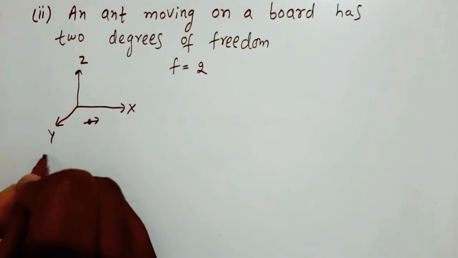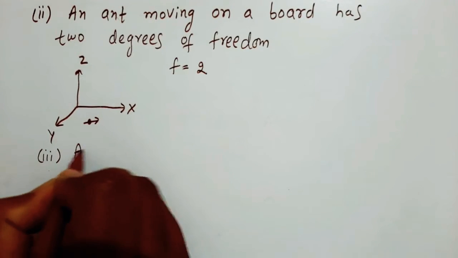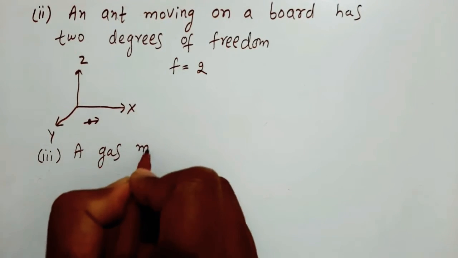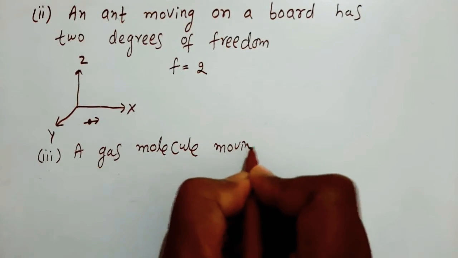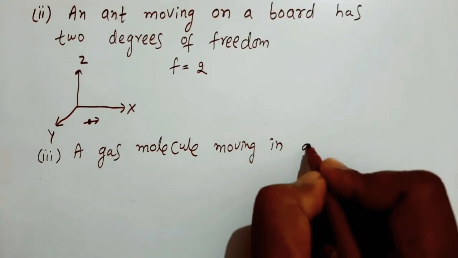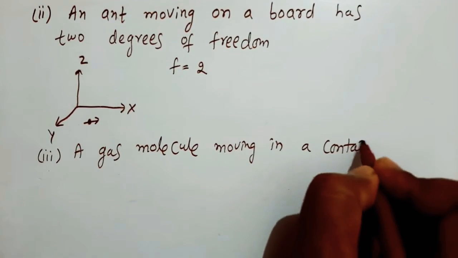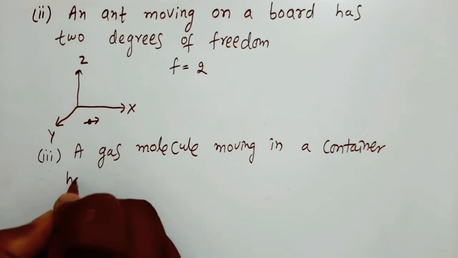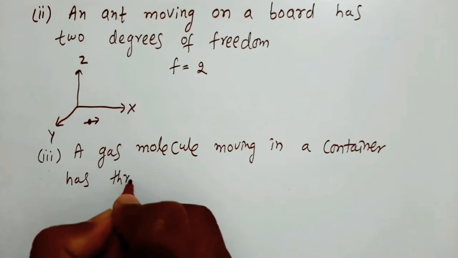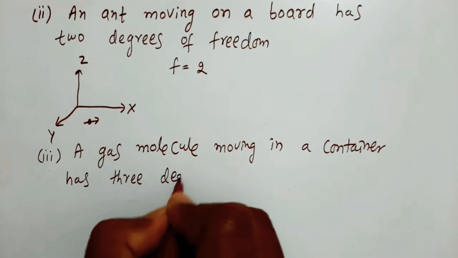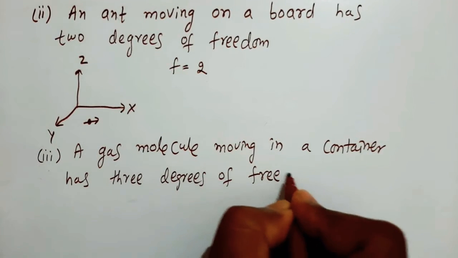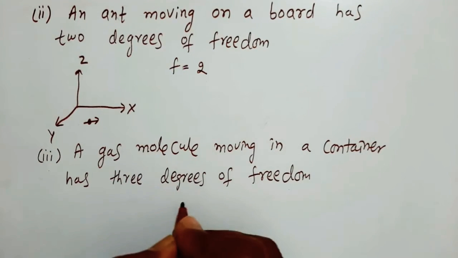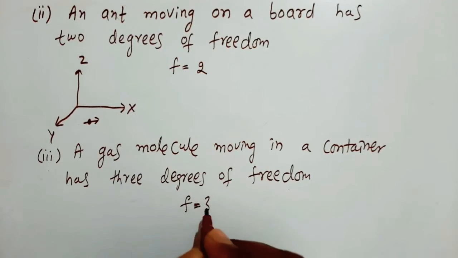A gas molecule moving in a container has 3 degrees of freedom. That is, here f is equal to 3.